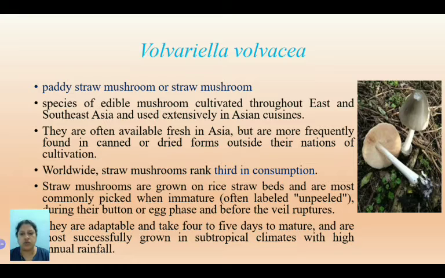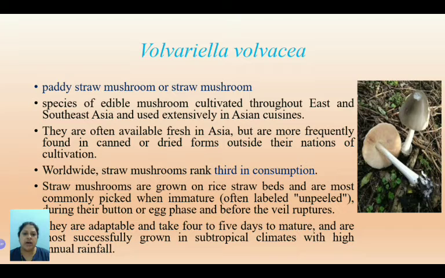In cultivation, this Volvariella volvacea, or the paddy straw mushroom, ranks third all over the world, and mostly it is grown on rice straw beds. It is commonly picked when it is immature, that is, before the opening of the mushroom itself we collect it.